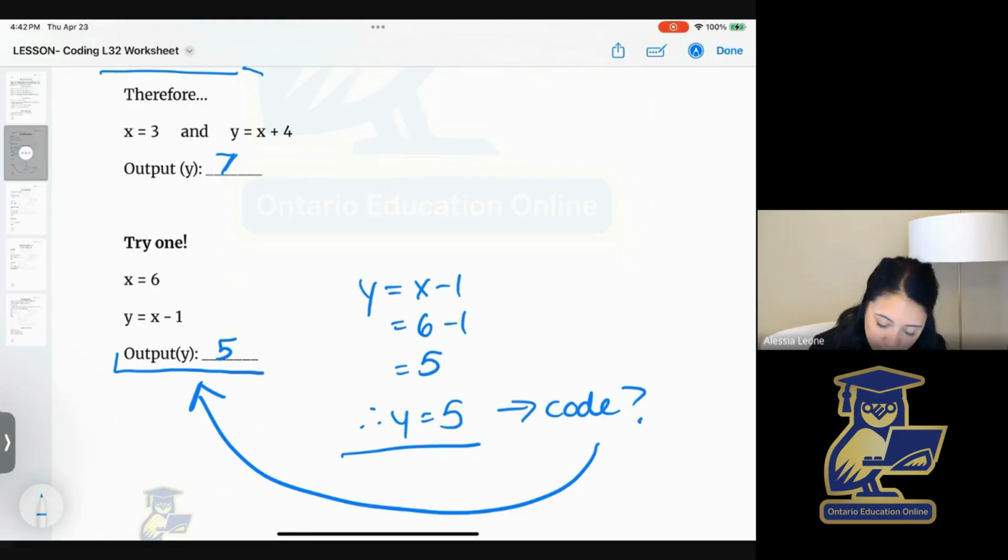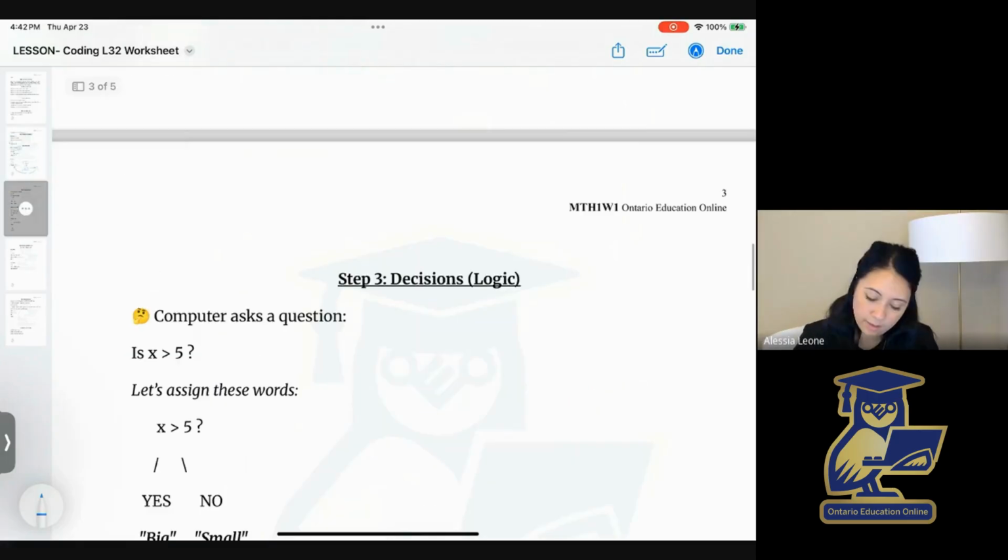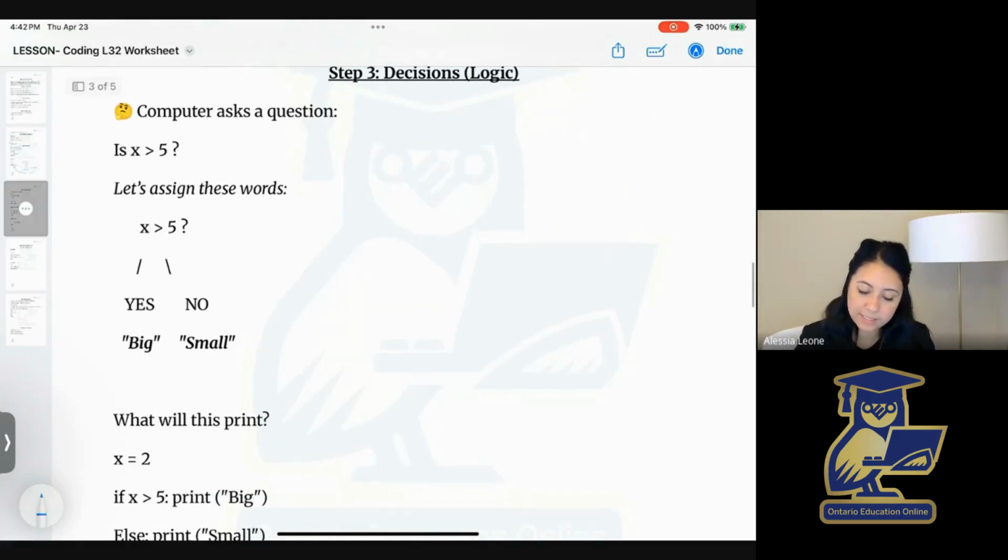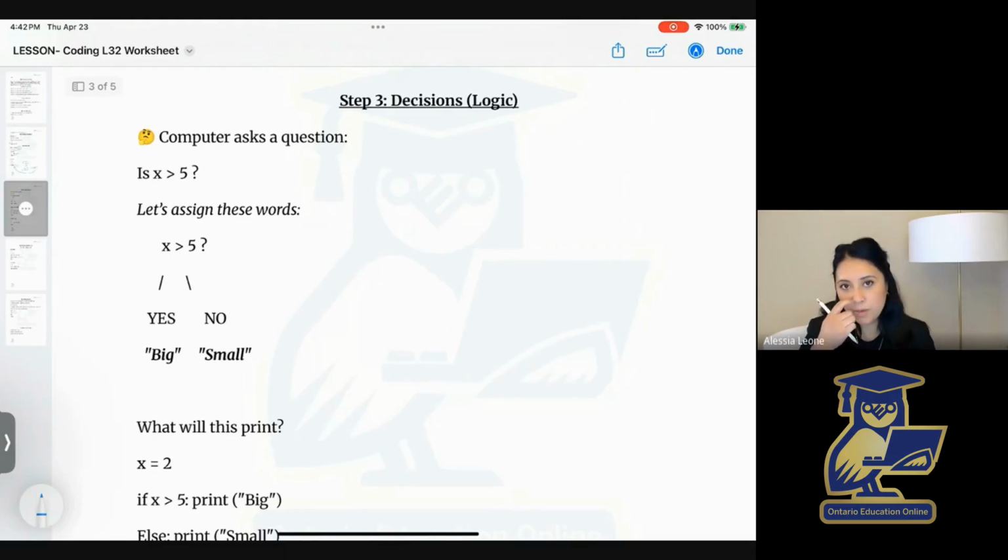This is our code. Now, when we talk about decisions and logic, it's when we ask a computer something. We're asking a computer to make a decision. Use your logic. Use your thinking, that's what we're telling the computer. So the computer's going to ask a question.